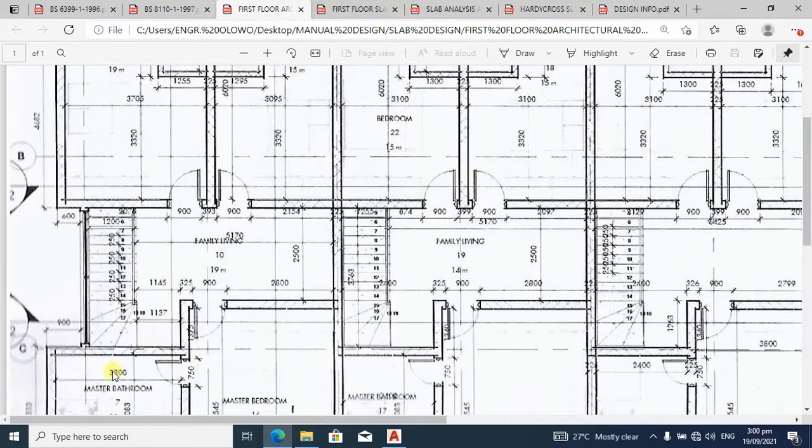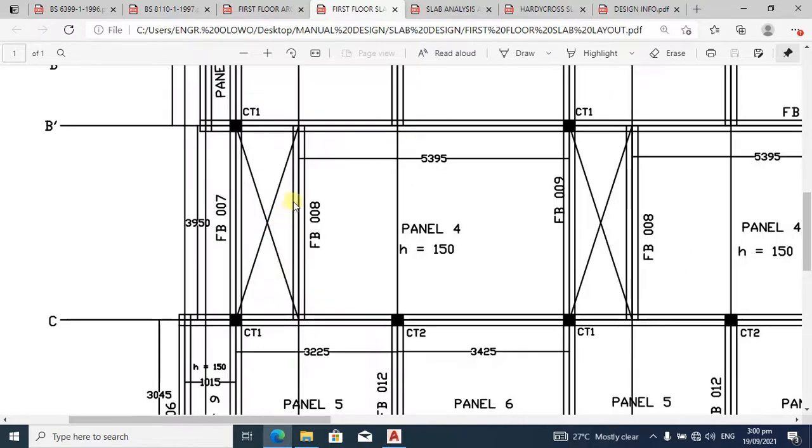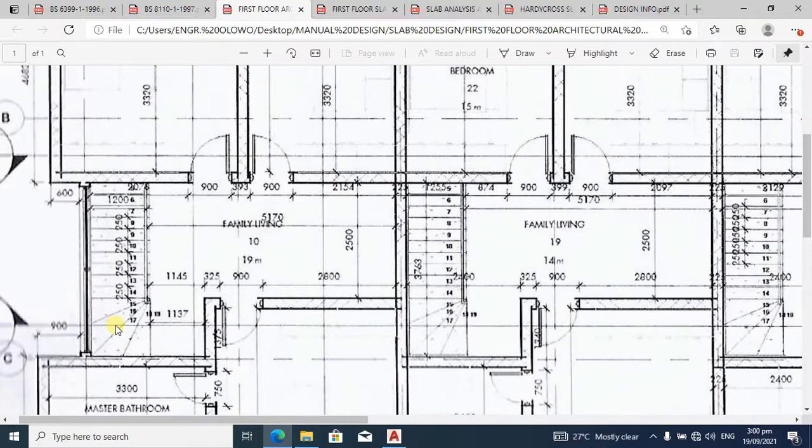Also in the vertical direction, as you can see from this general arrangement, panel 4 is just starting by the side of this void. This void represents the staircase area. As you can see from the architectural plan, this is the staircase area.